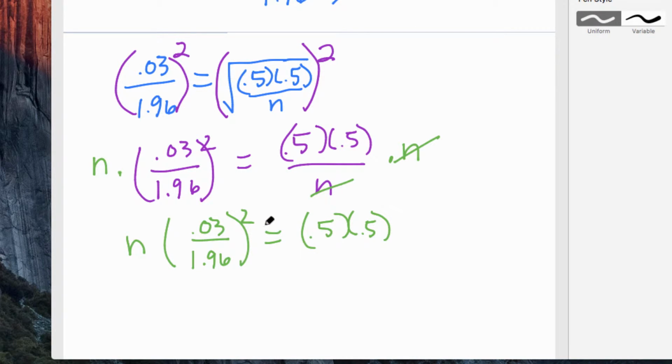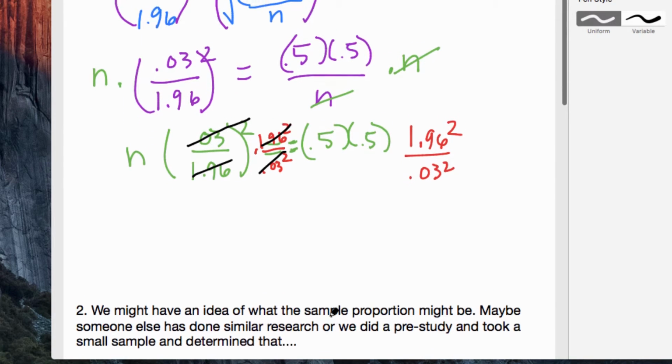So I'd end up multiplying by 1.96 squared over 0.03 squared. What happens is you get the 0.03 squareds canceling, and 1.96 squared, because I applied the square to both the numerator and denominator. Think back to your exponent rules.